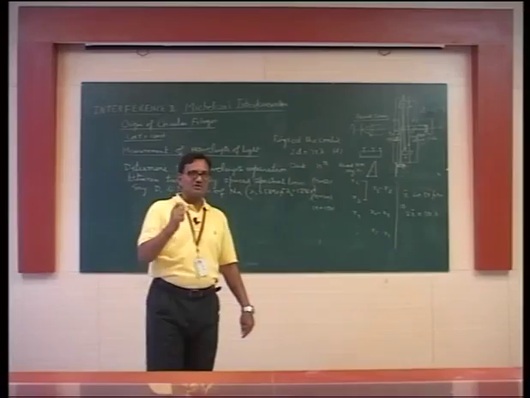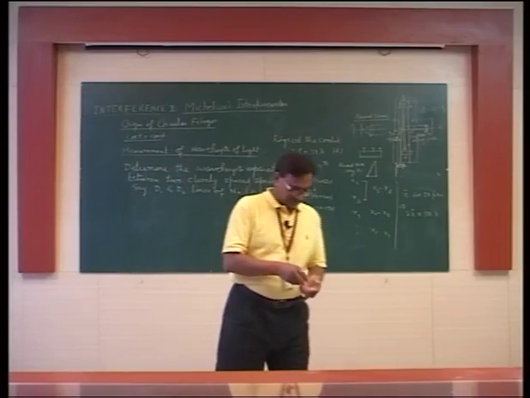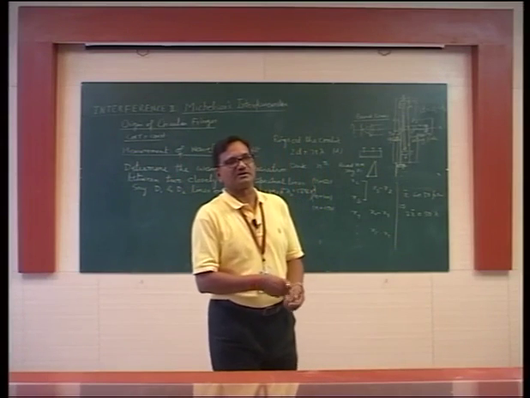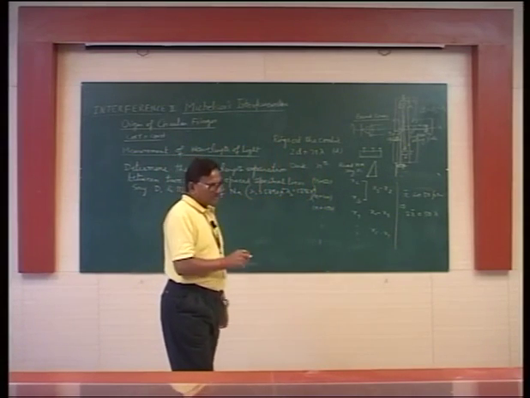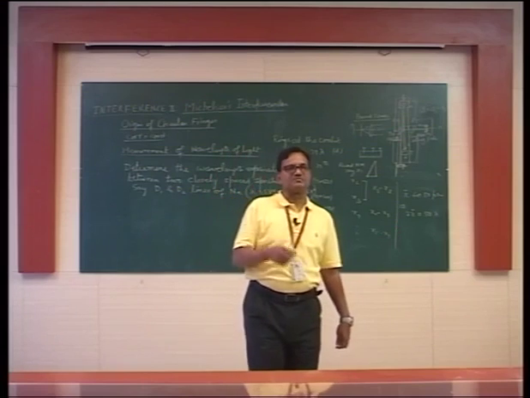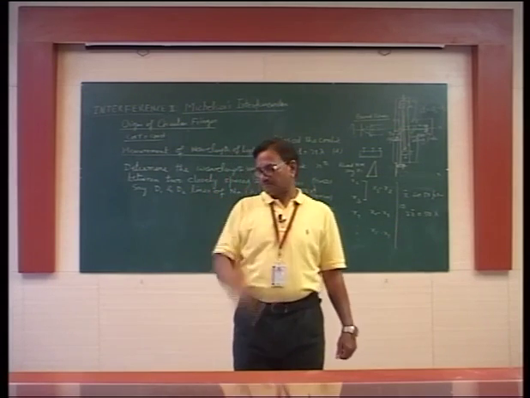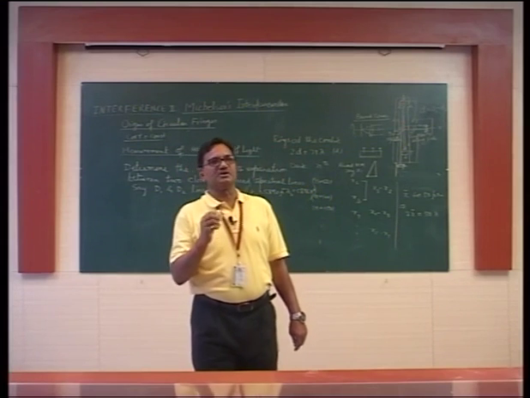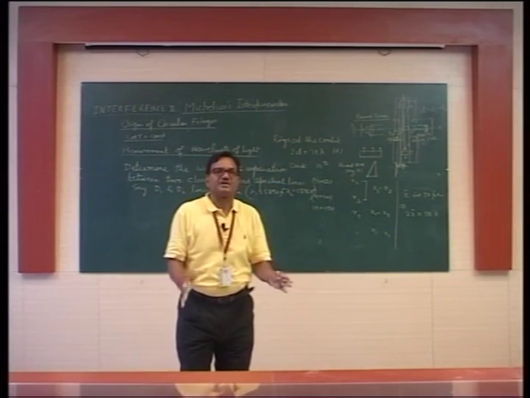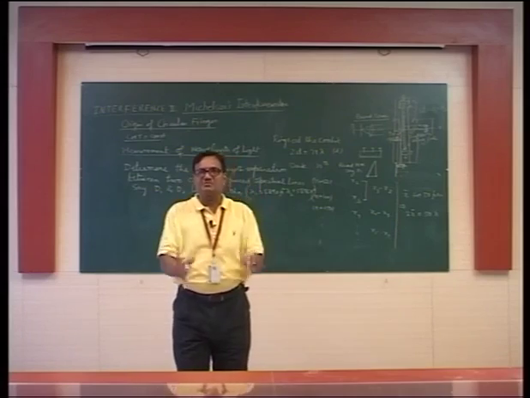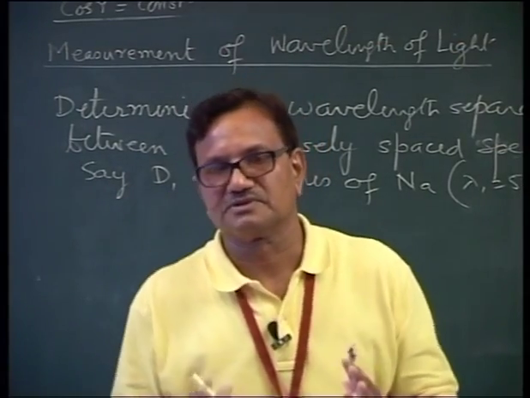Now this small wavelength separation has a very, very important repercussion. How to determine the wavelength separation between the two waves? 2-3 things should be clearly understood. There cannot be any interference between waves of different wavelengths.